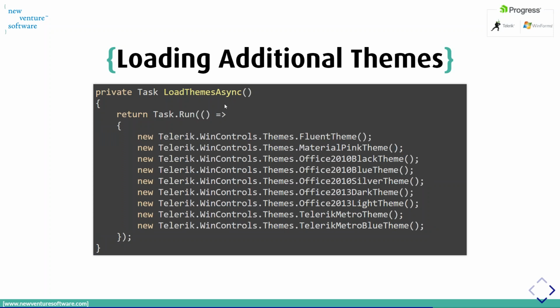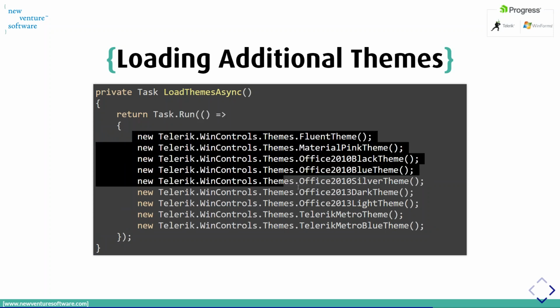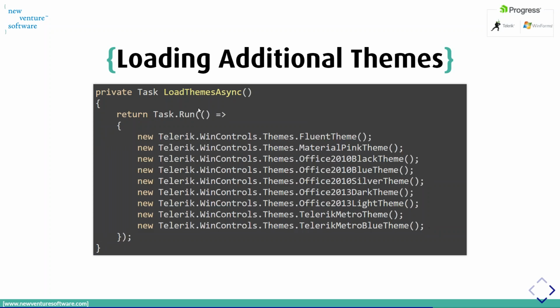So what I can do is just call Task.Run, which will start another thread pool thread for me. It will reference all those themes. I can also assign them to some fields if I need to, and then they can be used in my application.